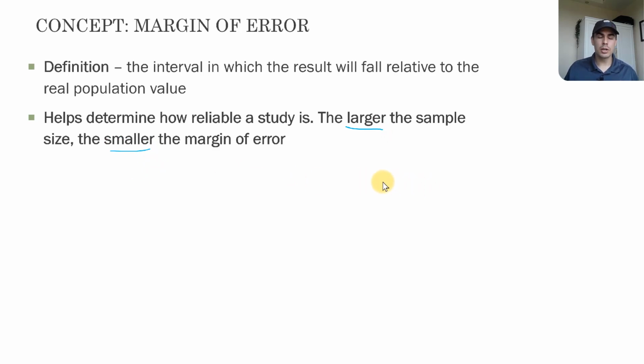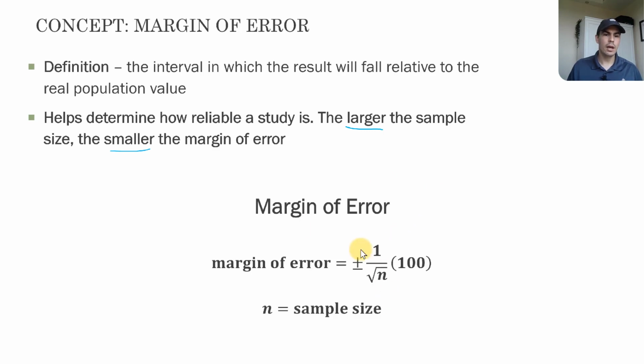So the smaller our margin of error, the more reliable our study is going to be. And we calculate our margin of error with this equation, plus or minus 1 over the square root of n times 100, where n is going to be our sample size. So you can see that the larger n is here, the smaller this value will be, so the smaller our margin of error will be.